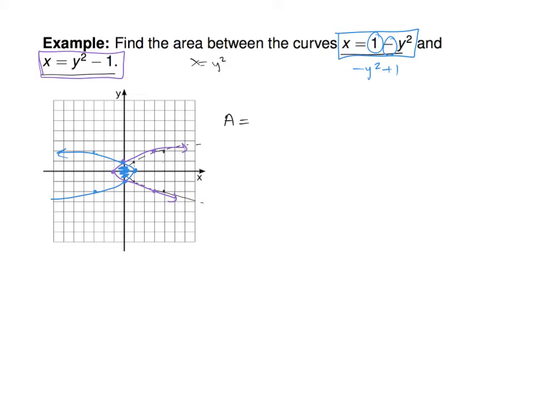Yep. So I can do twice the integral from 0 to, what is that y value there? 1. And who's the upper curve?